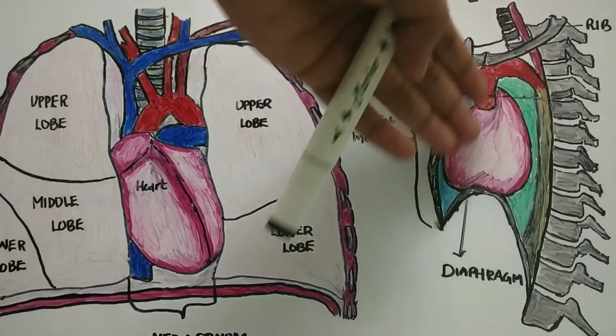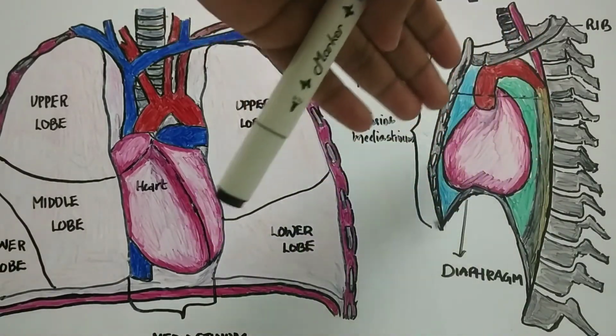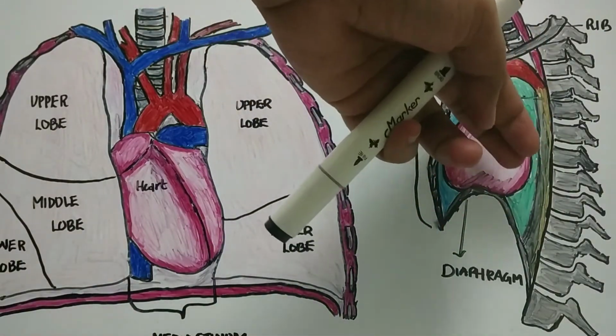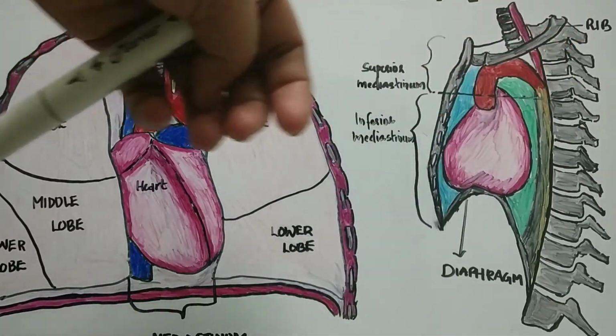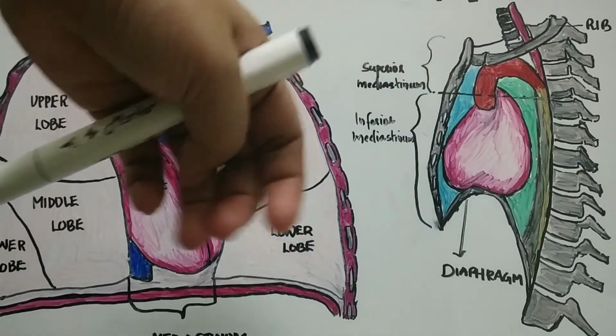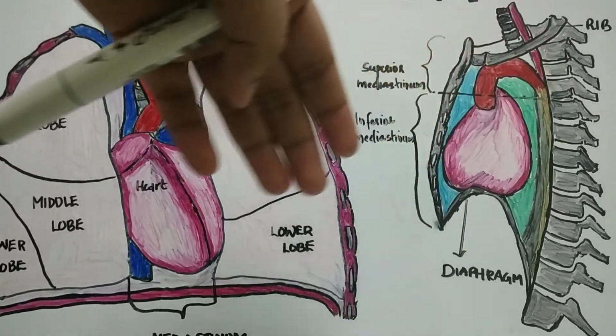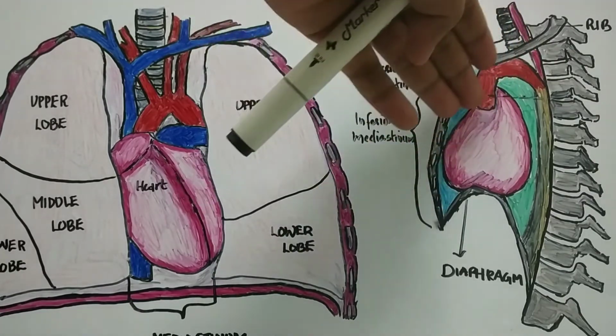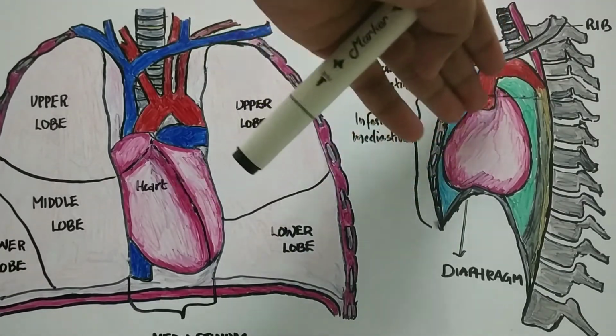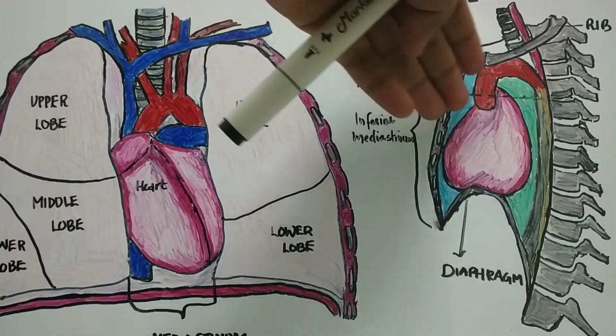Next is the middle mediastinum. It is occupied by the pericardium and its contents along with the phrenic nerves. Regarding the boundaries of the middle mediastinum, anteriorly there is the sternopericardial ligament, the ligament that connects the sternum with the pericardium.